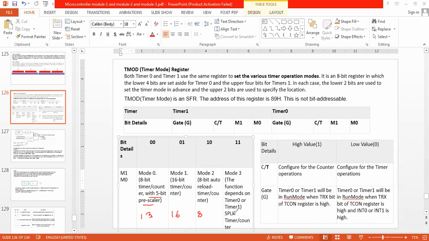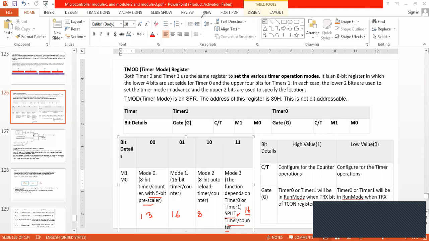And mode 3 is a split timer. It is actually a 16-bit timer, and that 16-bit timer is going to be divided into two, 8 and 8. So that is a split timer or counter. In-depth operation we will see in the next slide.